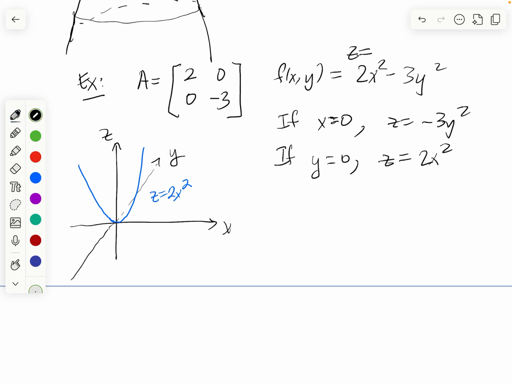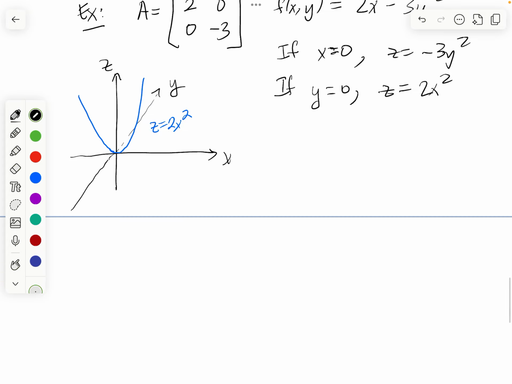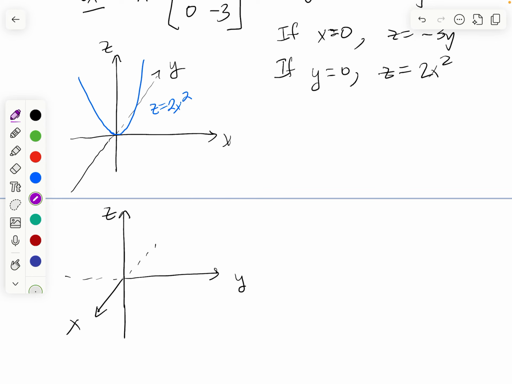But if you look at it from the perspective of the yz plane, when x is 0, positive y is that direction, z is this direction, then your positive x direction will be this way. Then you're going to get -3y squared, which is like this.